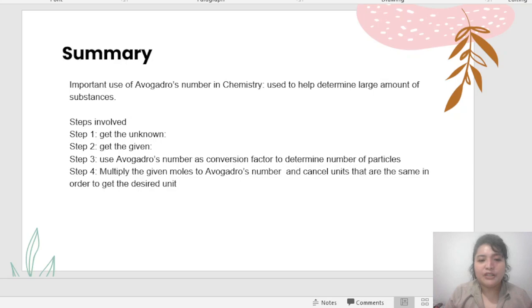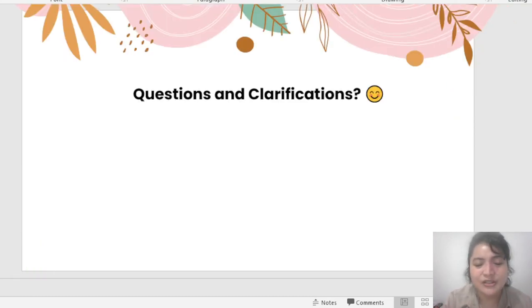Another important use of our Avogadro's number is again the conversion factor, and this is what is most beneficial to us chemists, to us chemistry students, because this will help us identify further and better how much of a substance is contained in this large quantity, or most especially in this macroscopic substance.